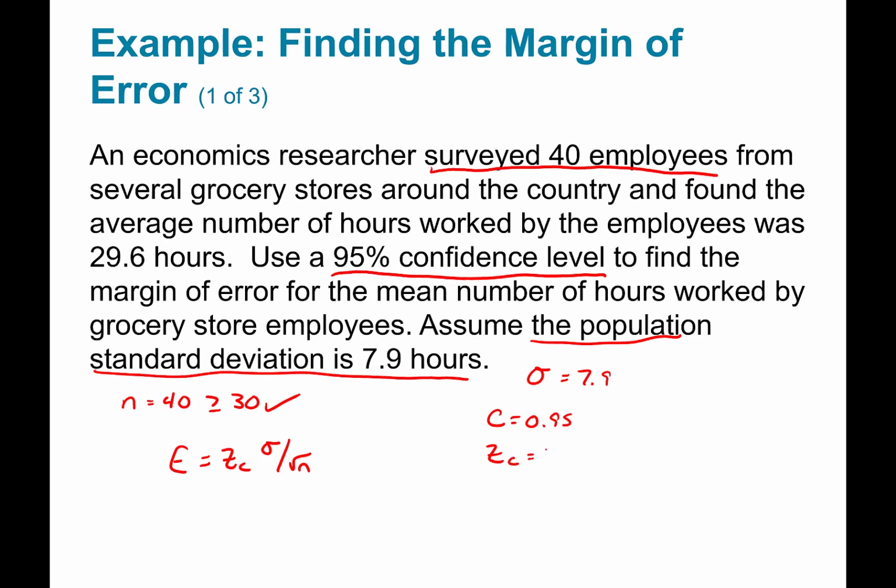So then E is just equal to 1.96 times sigma, which we said is 7.9, divided by square root of 40 in this case. And so we do that and we get, rounding to one decimal place, 2.4 hours. So our margin of error in this case is 2.4 hours.